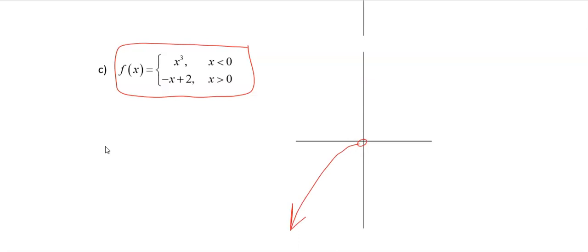And the other part, negative x plus 2, that's just linear, but you have to graph that when x is greater than 0. So there's a y-intercept of 2, and the slope is negative 1, so it would look something like that right there. And that's a jump discontinuity.